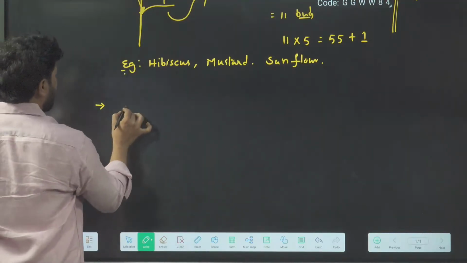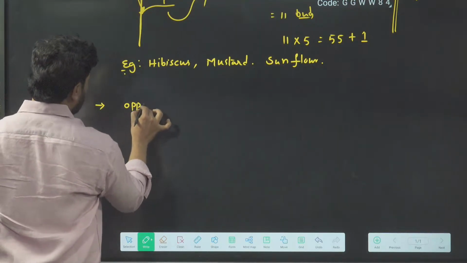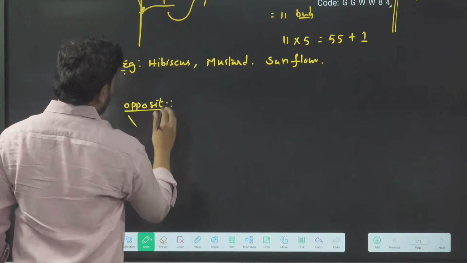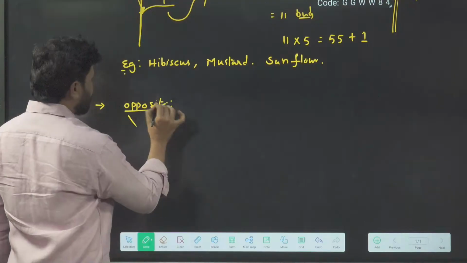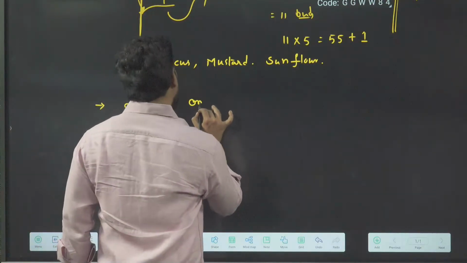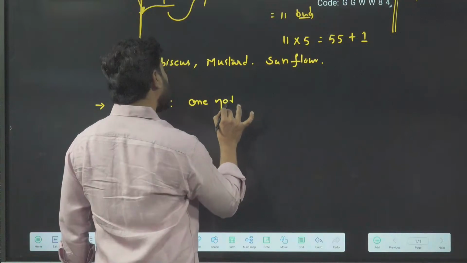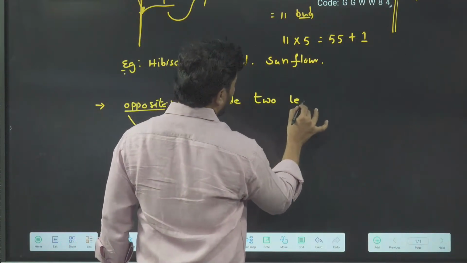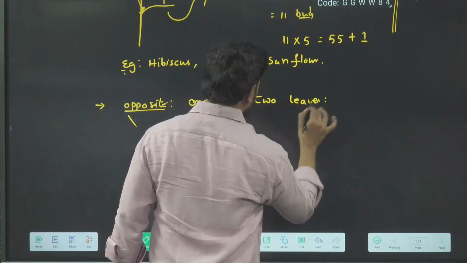Next, go to opposite phyllotaxy. What is the best thing we need to learn regarding opposite phyllotaxy? One node, two leaves.